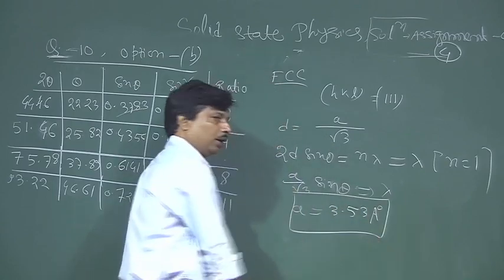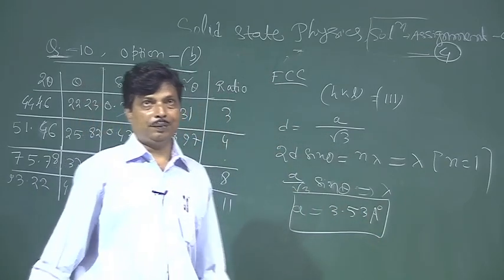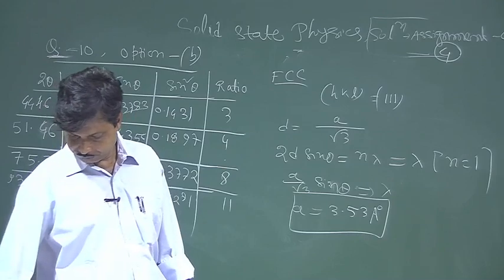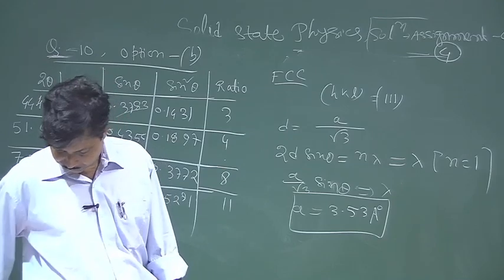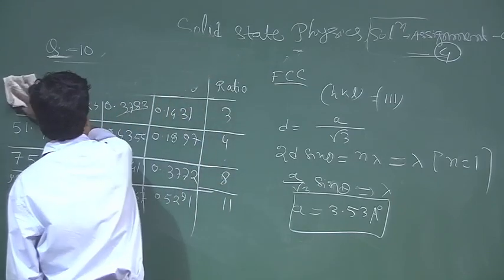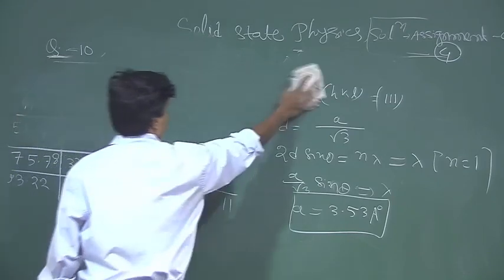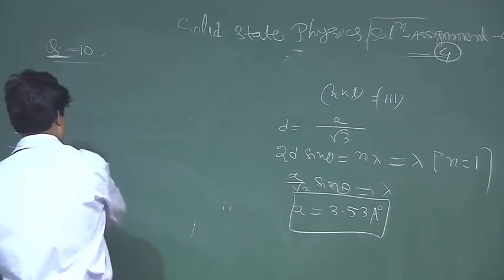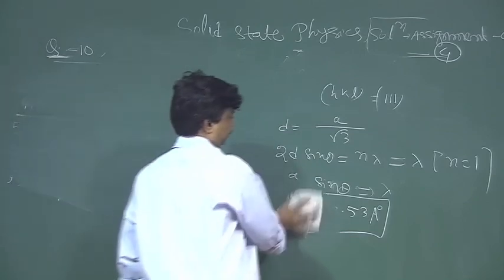So, this will be the solution, 3.53 Angstrom. Question 10 is over, and the rest are the remaining questions.